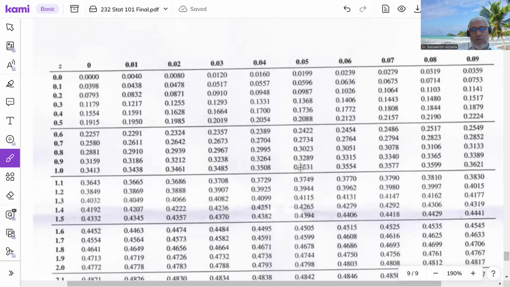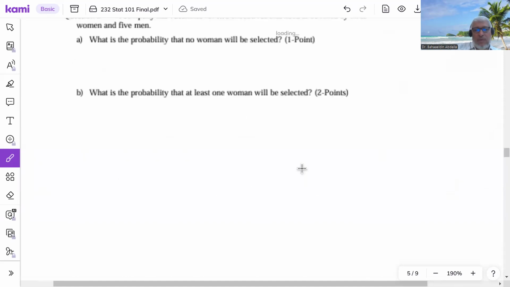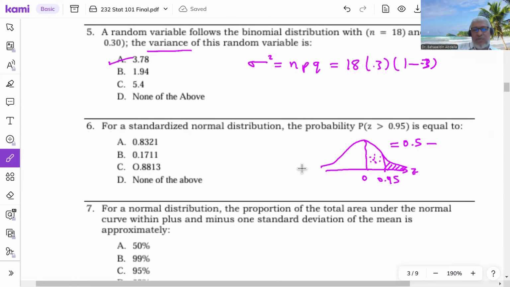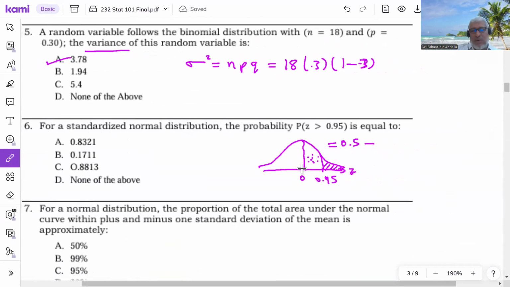So it is 0.3289. So what is 0.3289? This is the probability that Z is between 0 and 0.95. So 0.5 minus 0.3289, the answer would be 0.1711. So that's the correct choice.